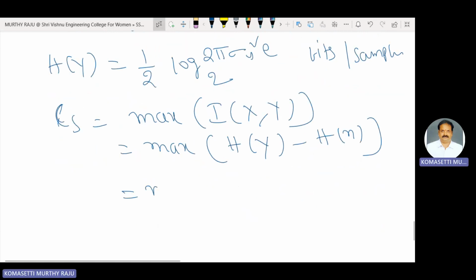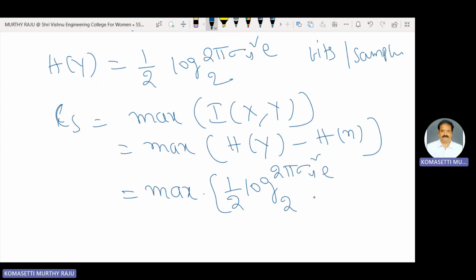The maximum of h of y is 1 by 2 log 2 pi sigma y square e to the base 2 minus, sigma square is the variance. Sigma y square is the variance. Mu is the mean.